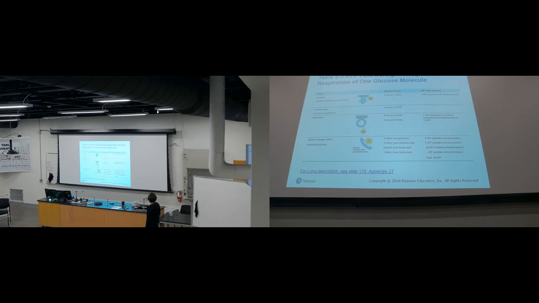So if you add everything, you end up with 38 ATPs. For each of these NADH molecules, you have the production of 3 ATPs, and for FADH, it's 2 ATPs. And then what happens in the electron transport chain, you have oxidation reduction reactions. Same in the Krebs cycle, together with some decarboxylations.